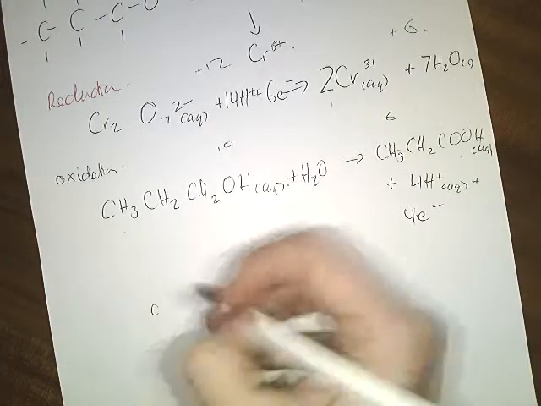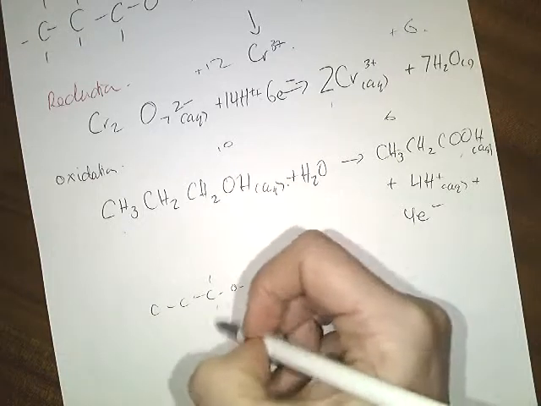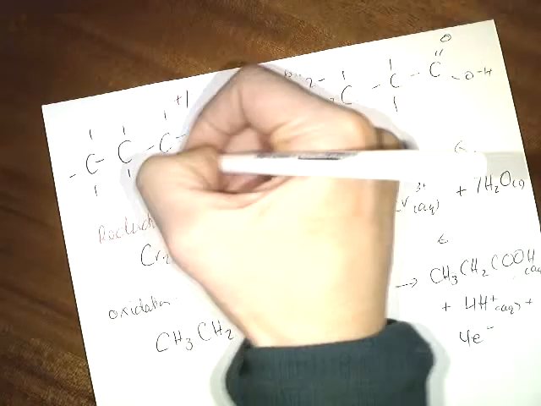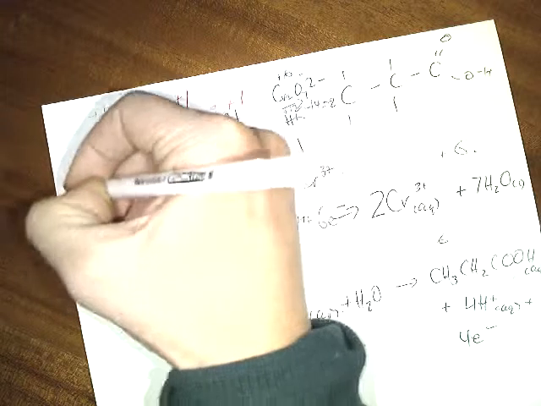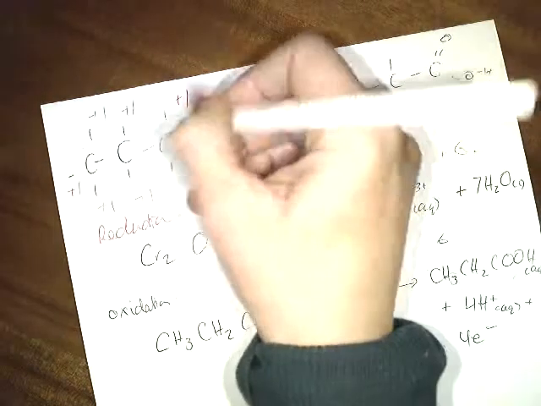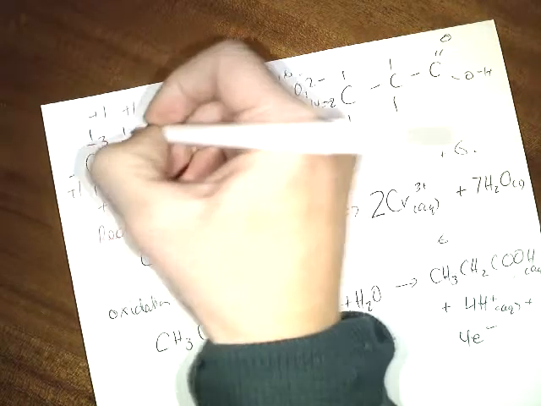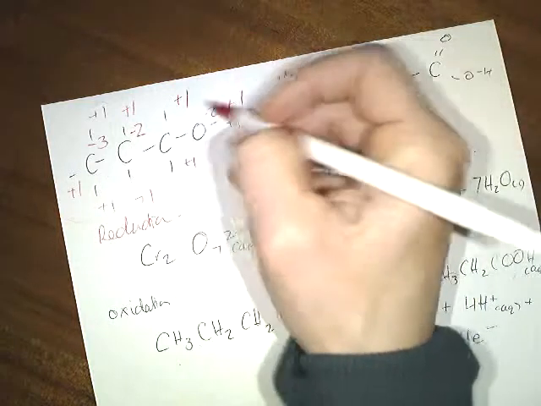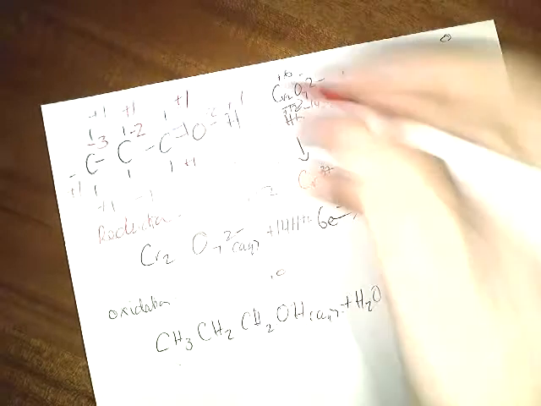Now let's just make sure that that does make sense. If you do break up your propanol, we'll do it up here. This will be plus 1, plus 1, plus 1, minus 2, plus 1, plus 1, plus 1, plus 1, plus 1. Now the carbons you do individually, so this carbon will have to be minus 3, this one will have to be minus 2, and then this one will be plus 3, minus 2 is plus 1, minus 1.